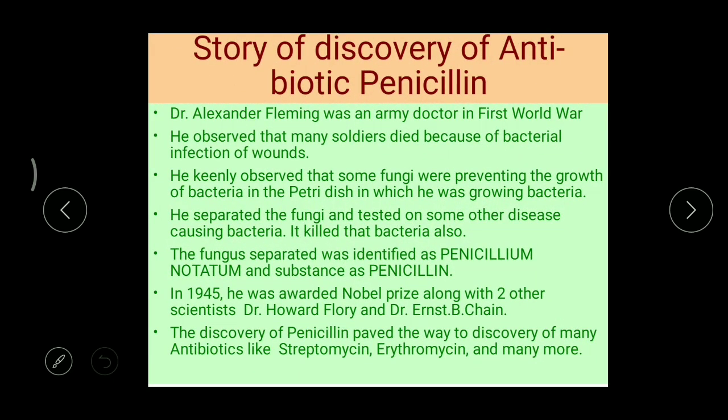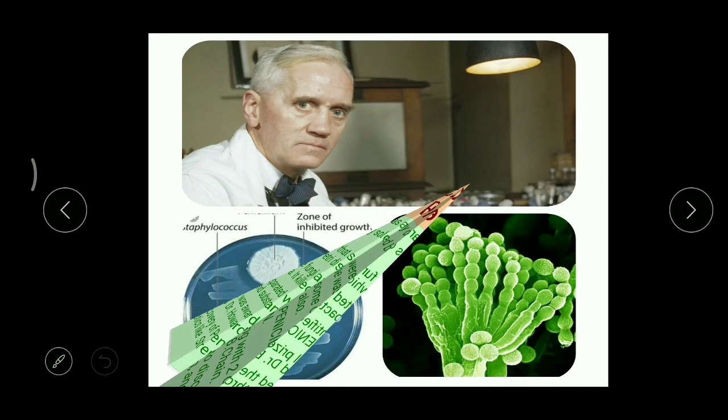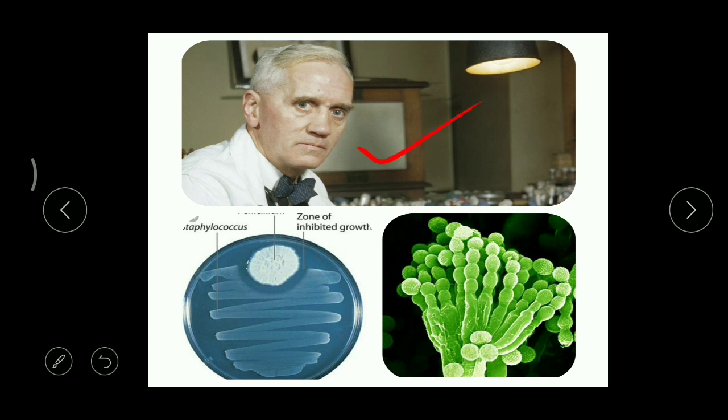Now, the story of the discovery of an antibiotic, that is, penicillin. This antibiotic was first discovered by a famous doctor, Alexander Fleming, who was working as a doctor in the times of the First World War.